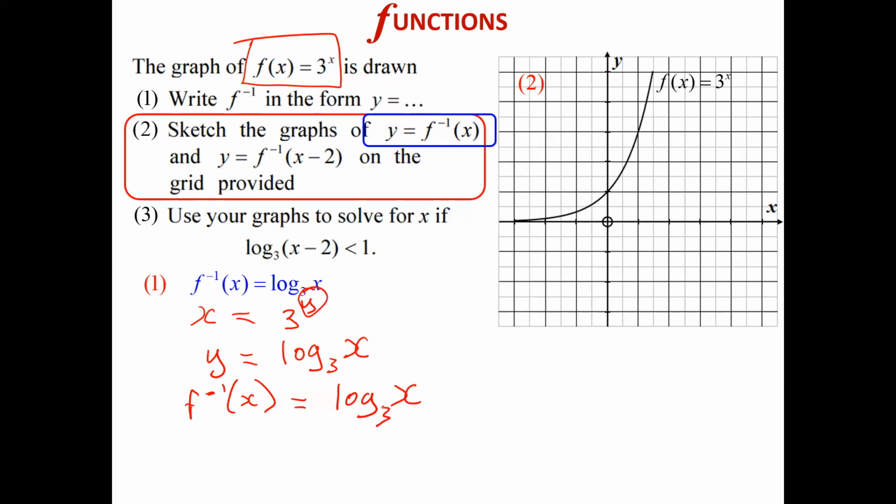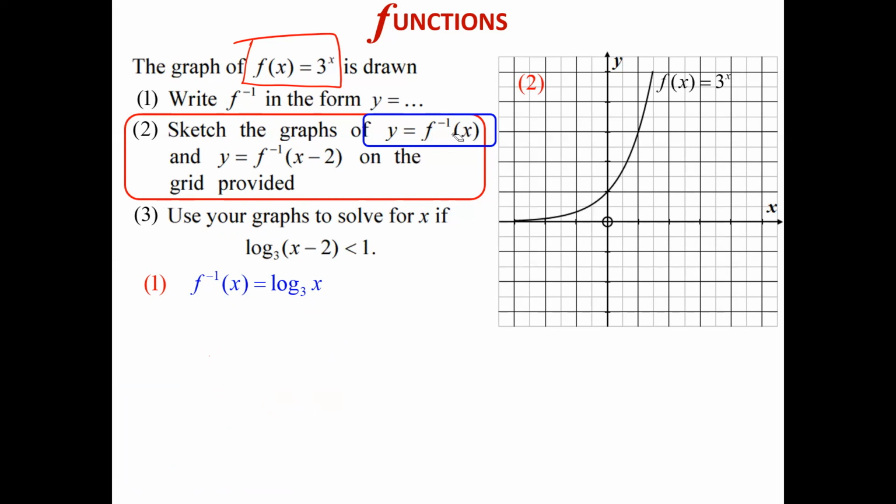We're finding the inverse. The second question here wants us to sketch the graph of y equal to f^-1(x). So we're going to go to the second question, and I'm going to delete that from the screen. If we look at the second question, we want to draw the inverse.